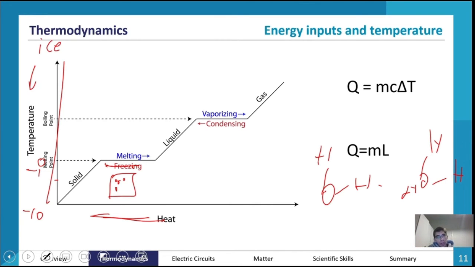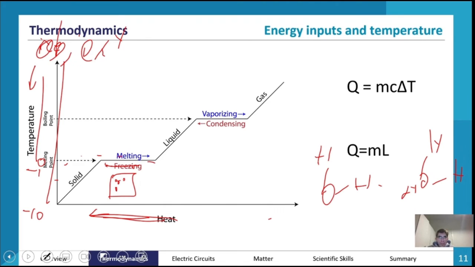The temperature of the ice, or of the object, because that's what is on the y-axis, right? The x-axis is the heat energy that we are supplying to the object, or the heat energy that the object is absorbing, and the temperature is the temperature of the object, right? So even though the amount of heat energy that the ice cube is absorbing is increasing, the temperature of the ice cube will not increase for a while.